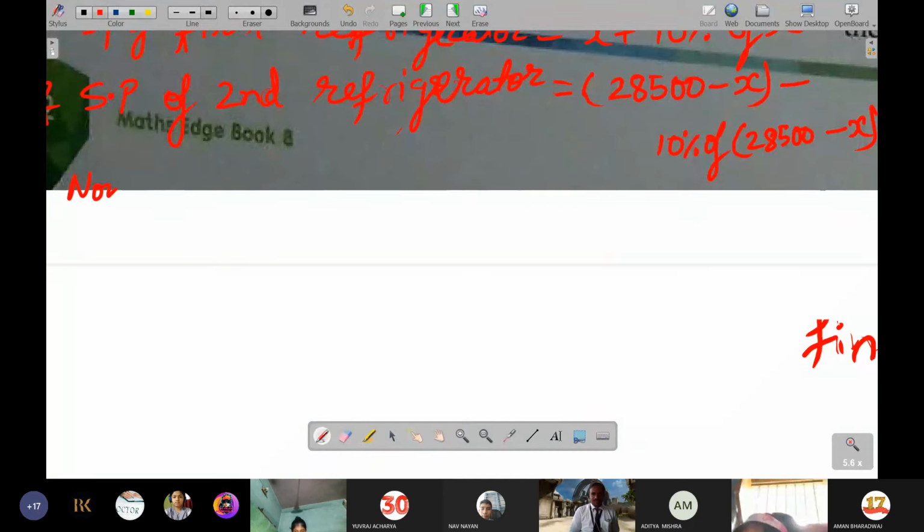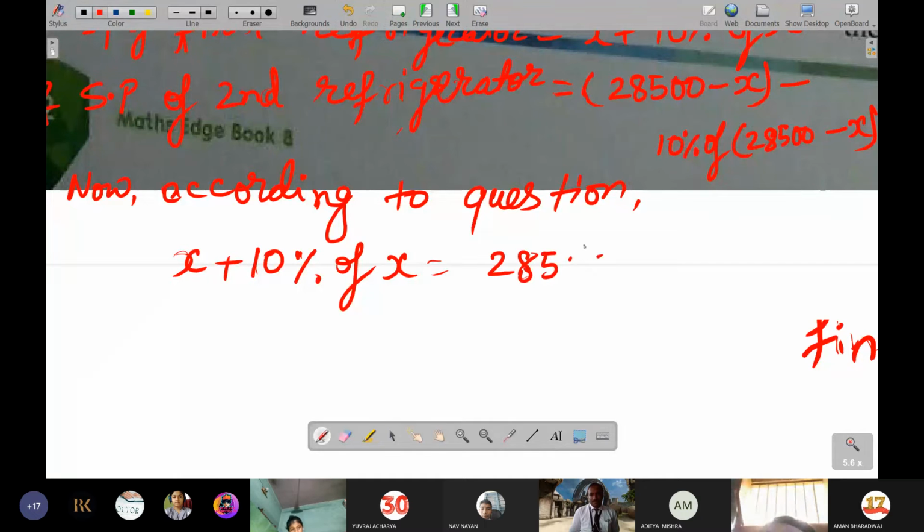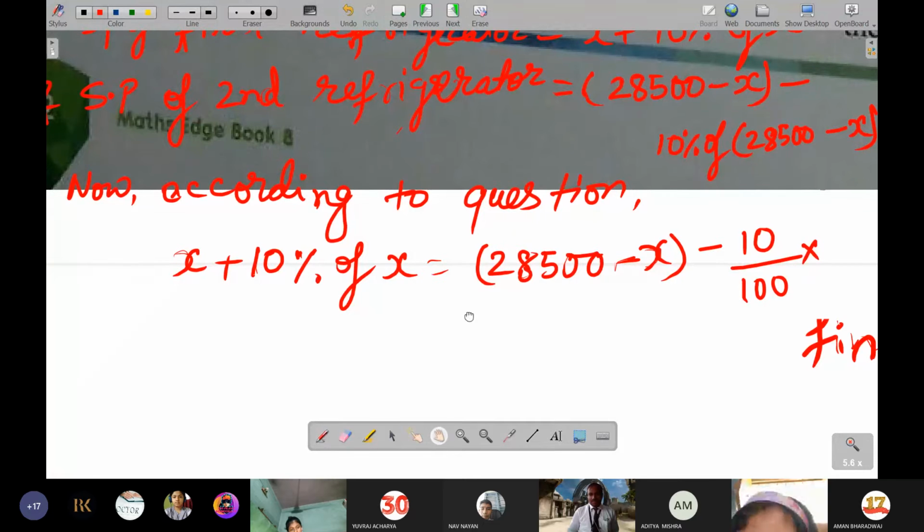Now according to the question, both the SPs are same, so you can write X plus 10% of X is equal to 28,500 minus X minus 10% of 28,500 minus X.